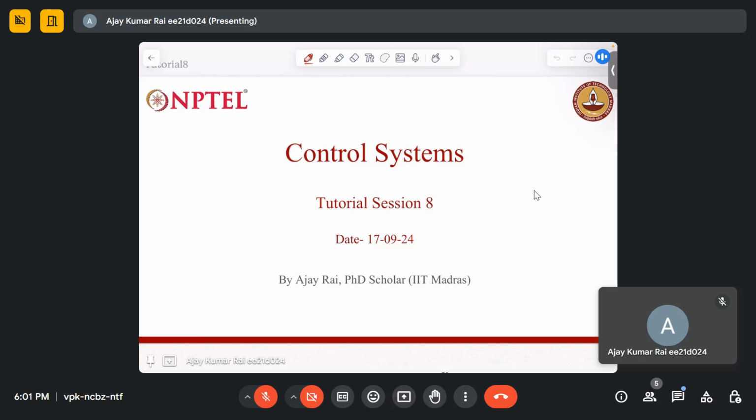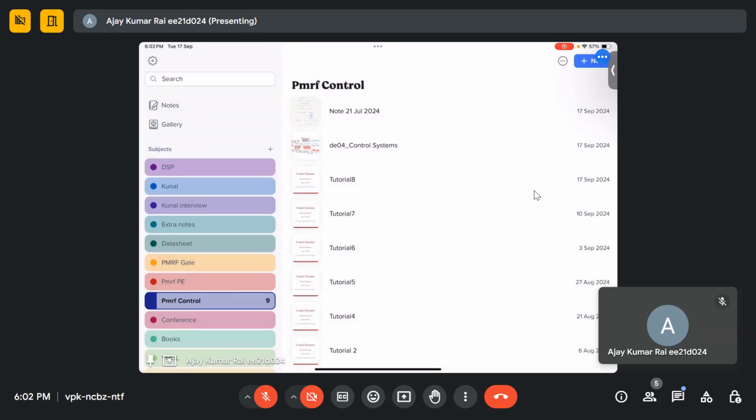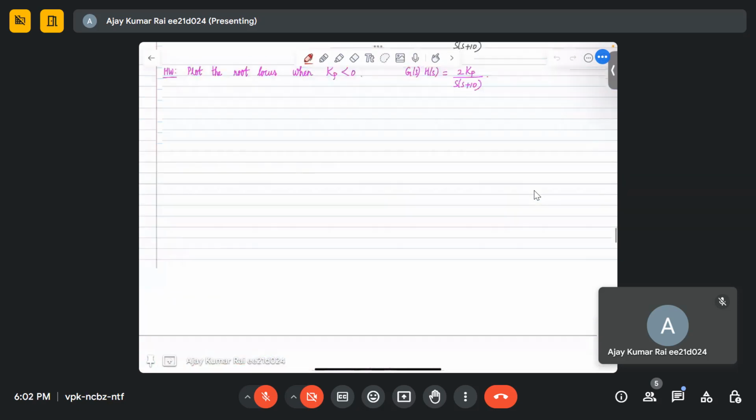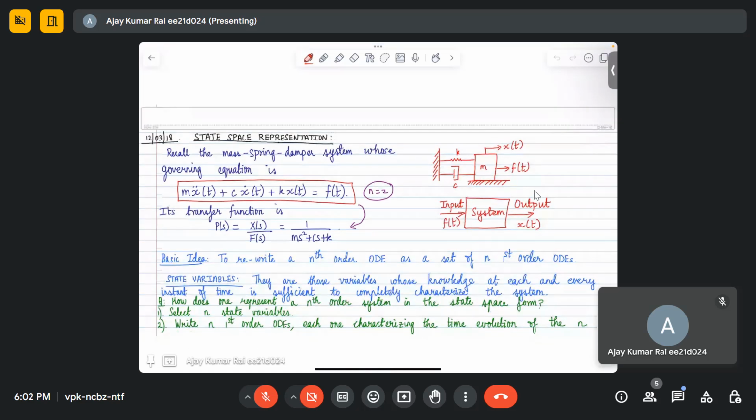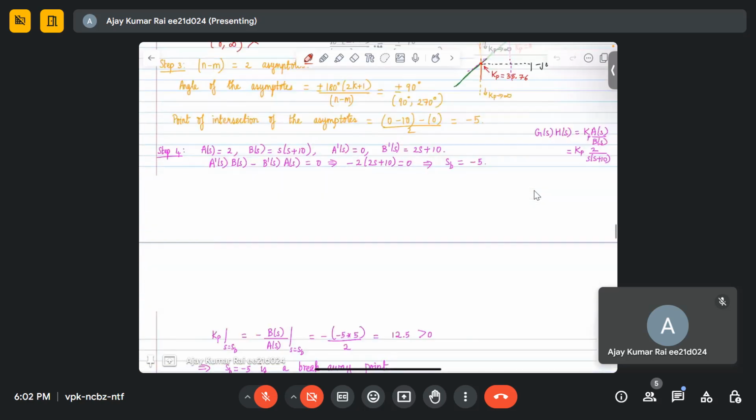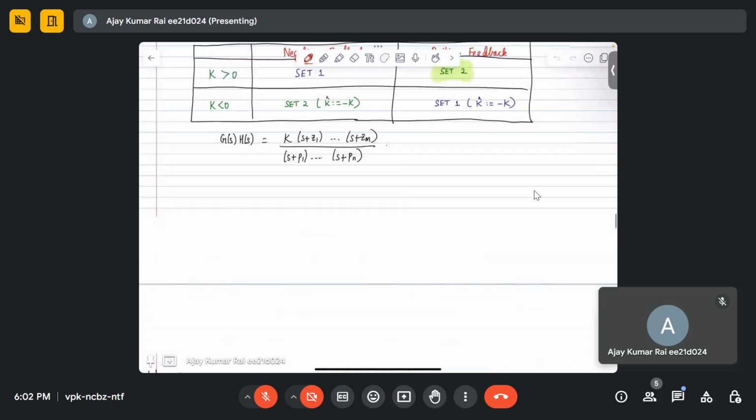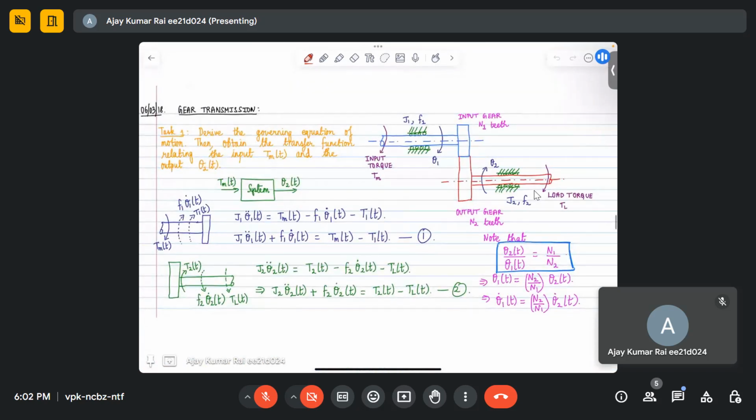So let me briefly cover what was covered in week 8. In the previous week, week 7, we started with one problem involving gear transmission.